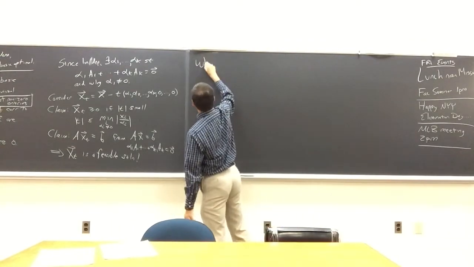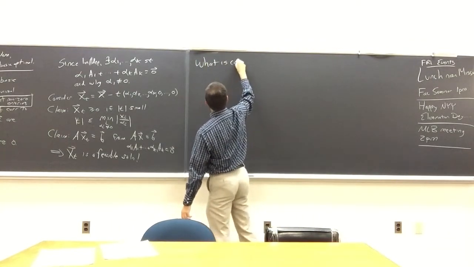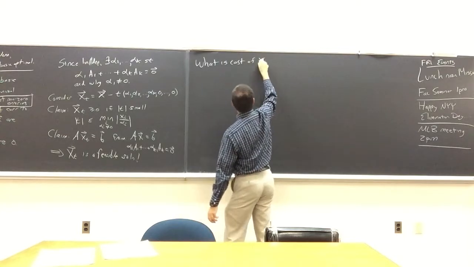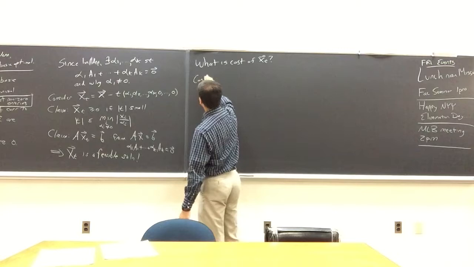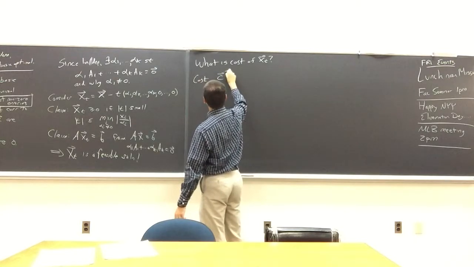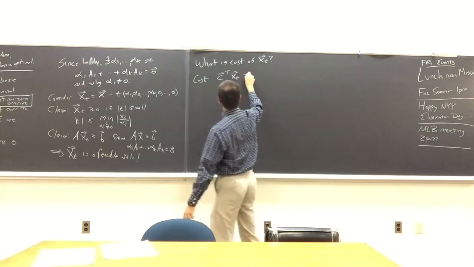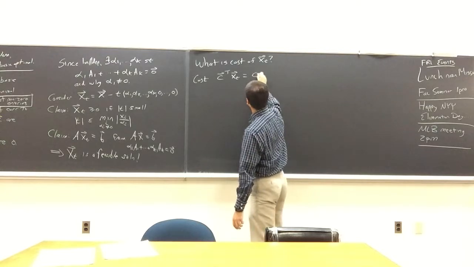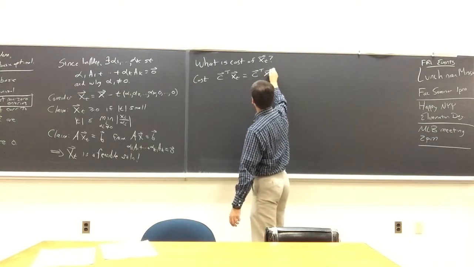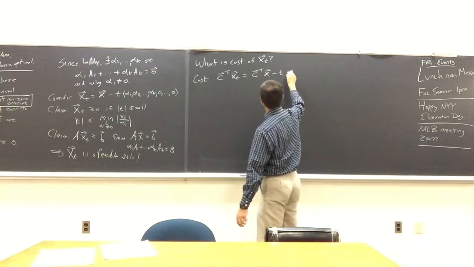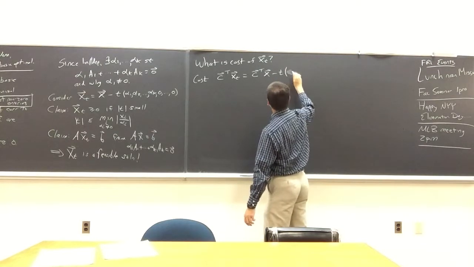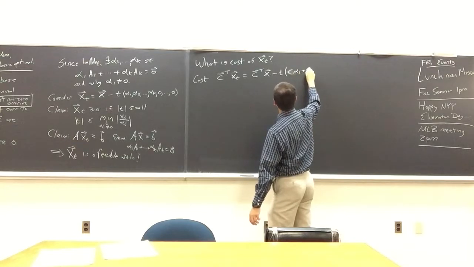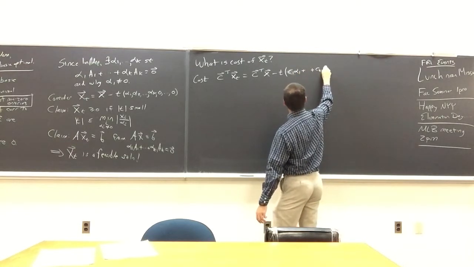So what is the cost of x of t? Well, the cost is just C transpose xt, which is going to be C transpose x minus t times C1 alpha 1 plus CK alpha k.